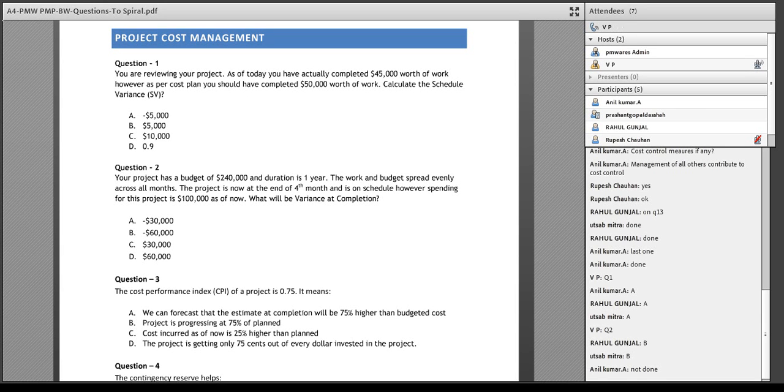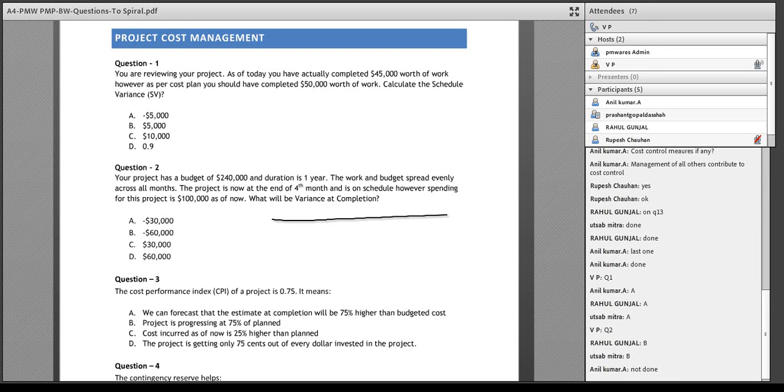Your project has a budget of 240,000 and duration is 1 year. The work and budget is spread evenly across all months. That is similar to the example I took. The project is now at the end of the fourth month.